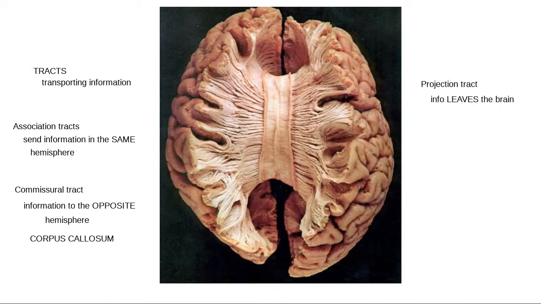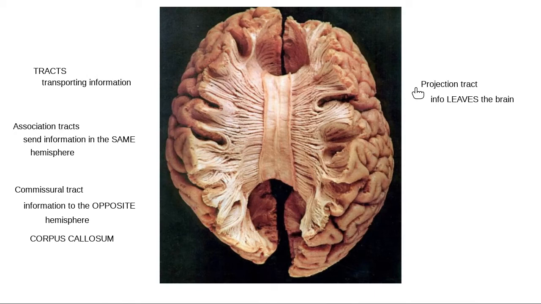It projects out. So when we're talking about sending directions for movement out of the brain down to your muscles, I would use a projection tract. Or if we're sending information into the brain, something that you're feeling, you're touching something, that would come into the brain using a projection tract.